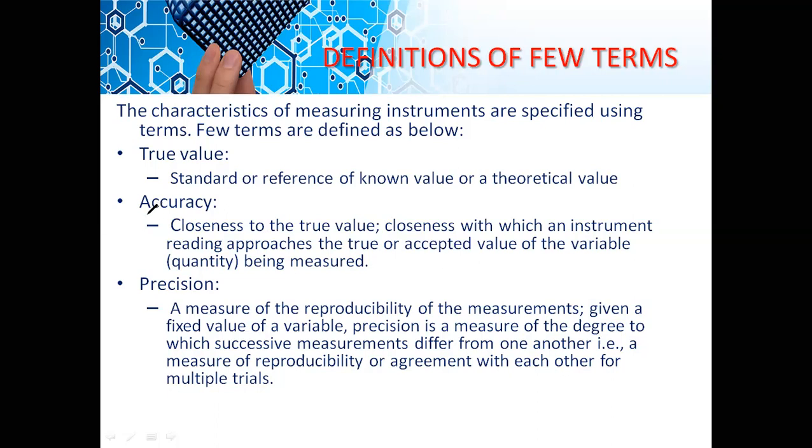The next term is accuracy. Accuracy is defined as closeness to the true value, the closeness with which an instrument reading approaches the true or accepted value of the variable being measured. Suppose I'm having a load.